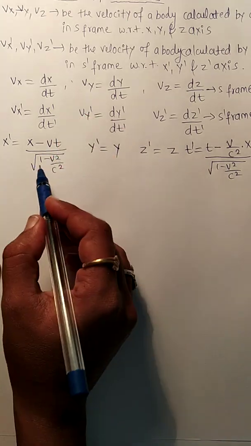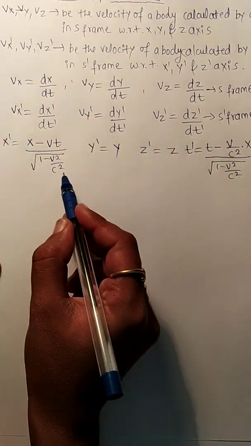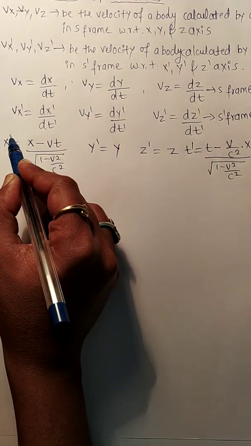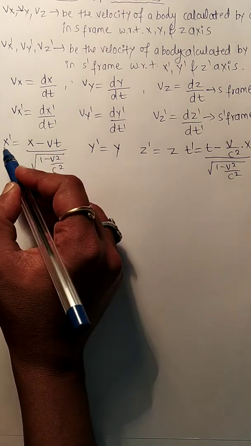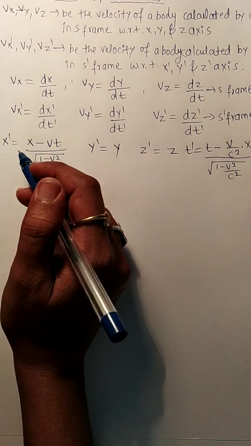Then the question is how to get the dx dash value and how to get the dt dash value. So for that, shall I take the Lorentz transformation equation? Because we already have the x dash value. So this one only we can change as dx dash.